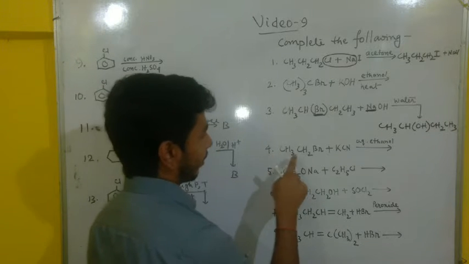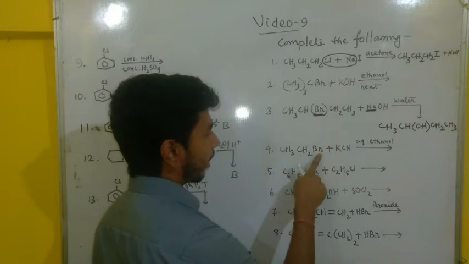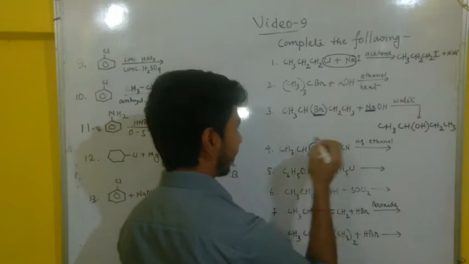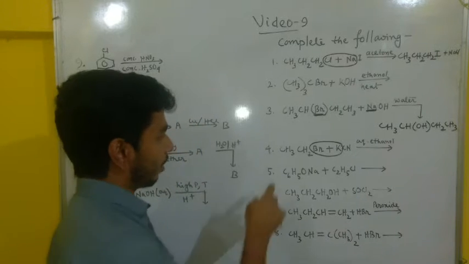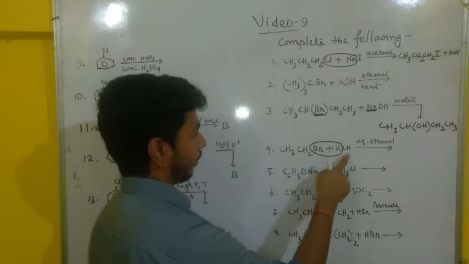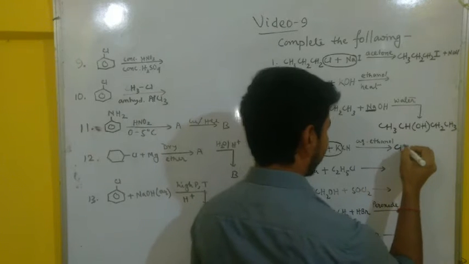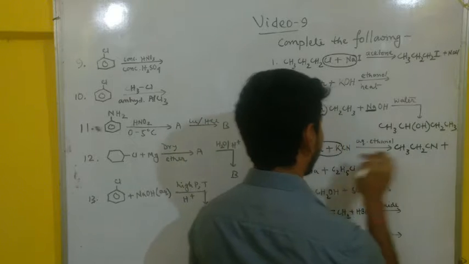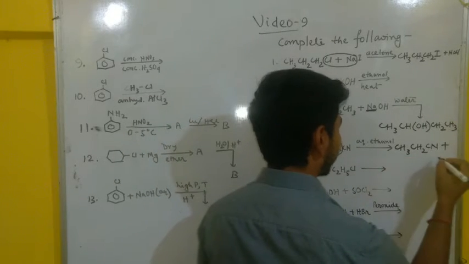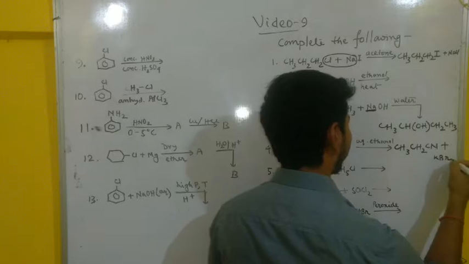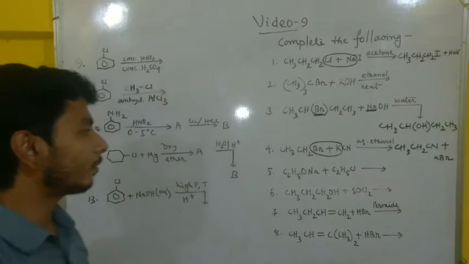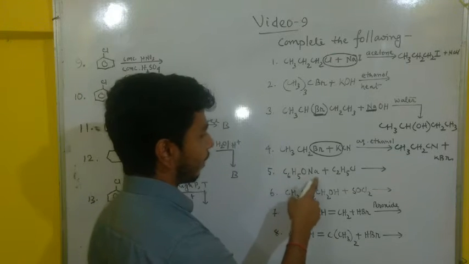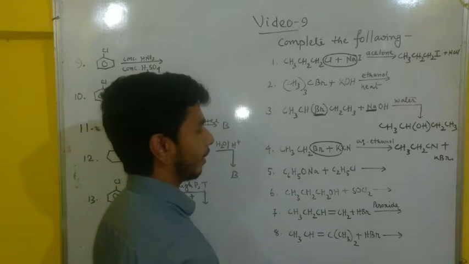Now number 4. CH3CH2Br plus KCN. Here K and Br, KBr is removed. So CH3CH2 and it will be CN. So CH3CH2CN plus KBr. Next reaction number 5. C6H5ONa plus C2H5Cl.